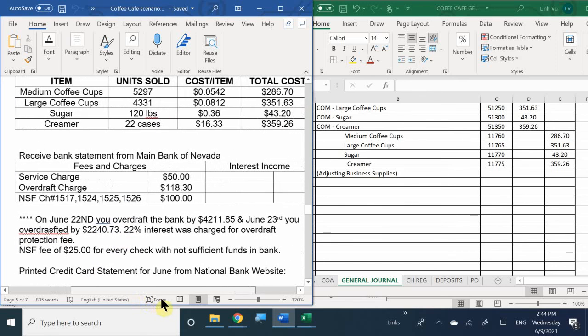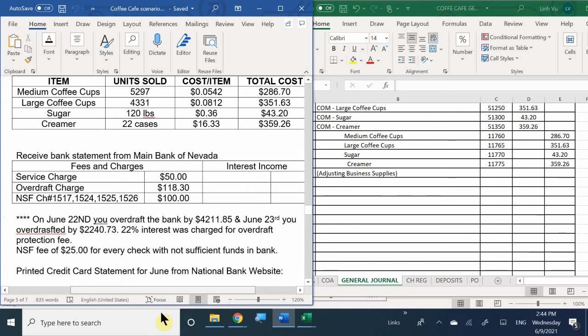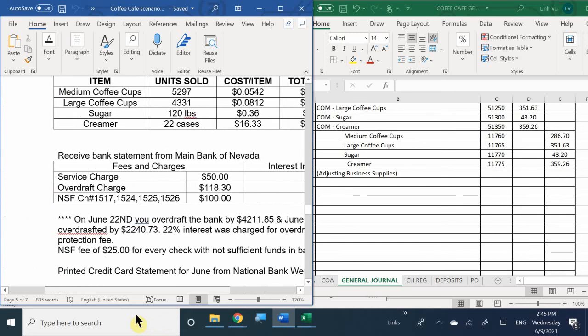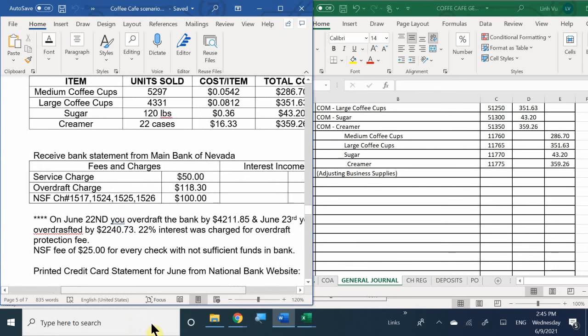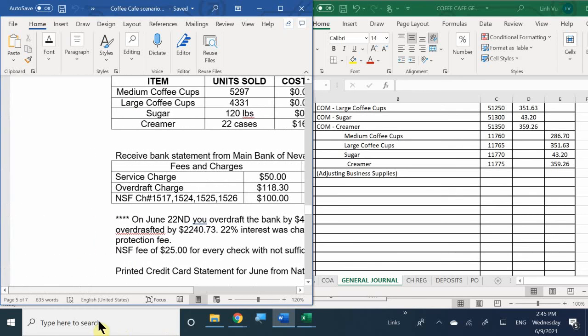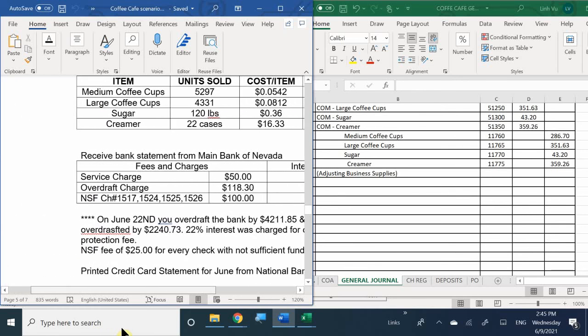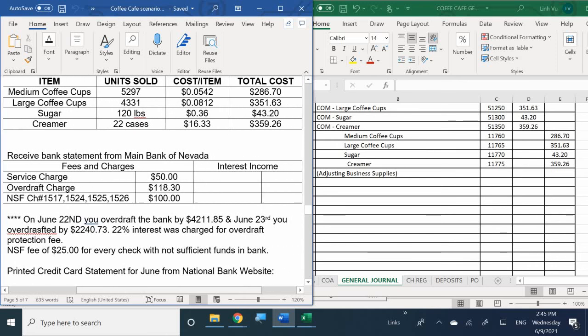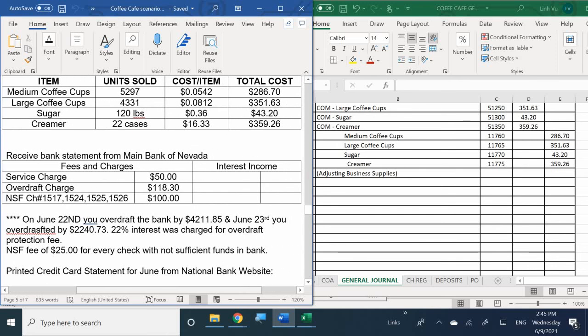Yes, we did. All right. So here it says that because we used the bank to help us run our businesses, they charged us a service charge of $50, right? Here we got slammed with overdraft charges for a total of $118.30, right?